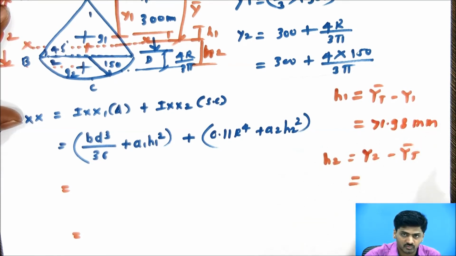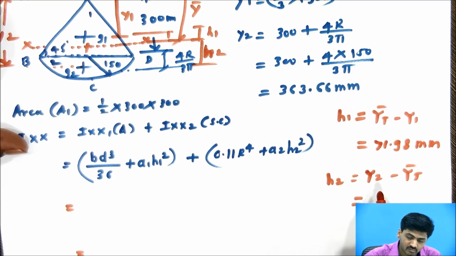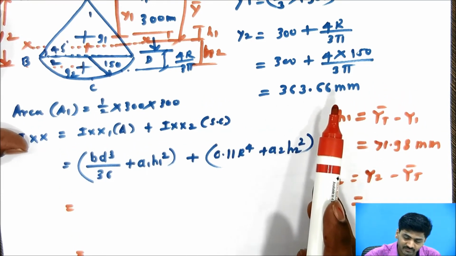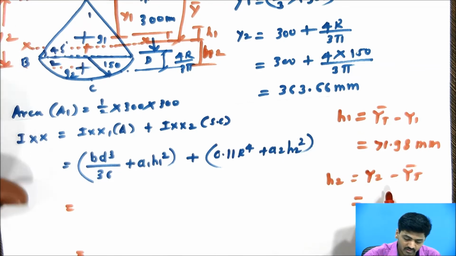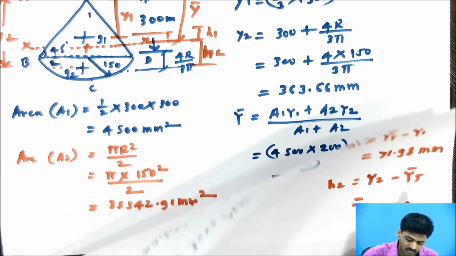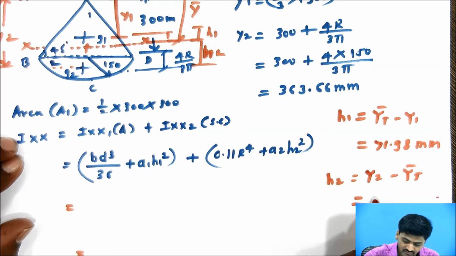This is your h1. For h2, y2 is already calculated as 363.66, minus y bar from top, that is 271.98. So you will get the value of h2 as 91.68 mm.